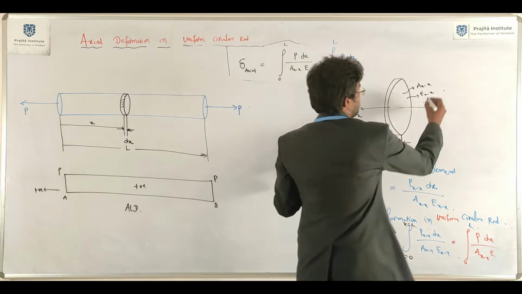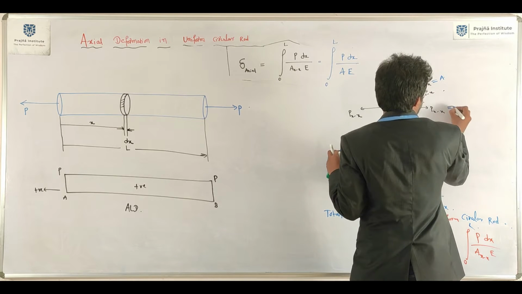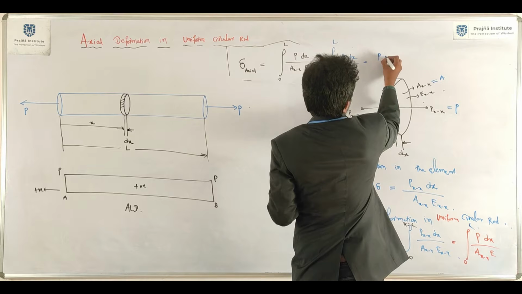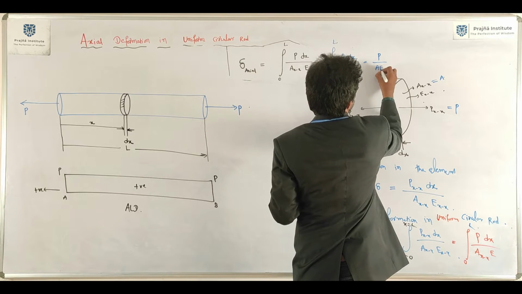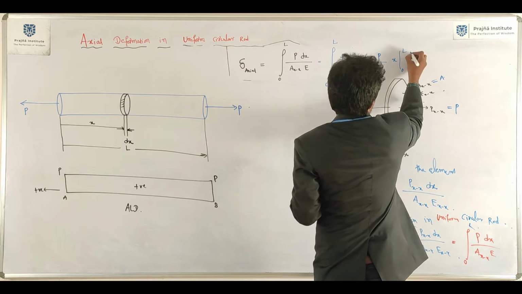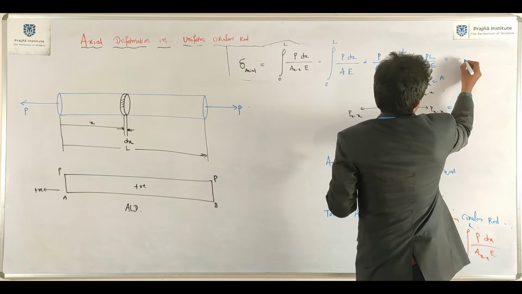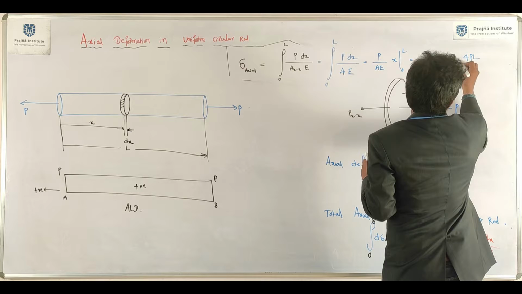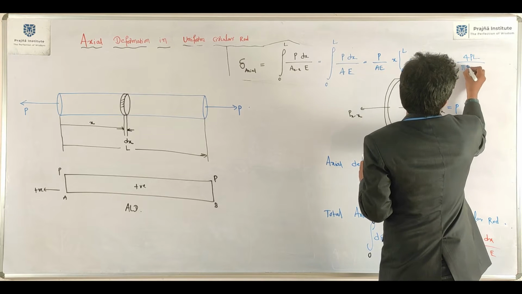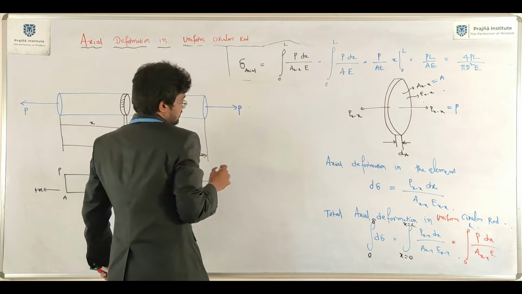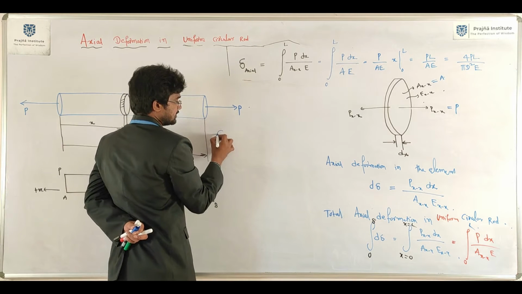Ax equal to A and Px equal to P. Finally, integration on both sides, P by AE, x from 0 to L, equivalent to PL by AE, here 4PL by pi d square E. That is the deformation in the circular bar.